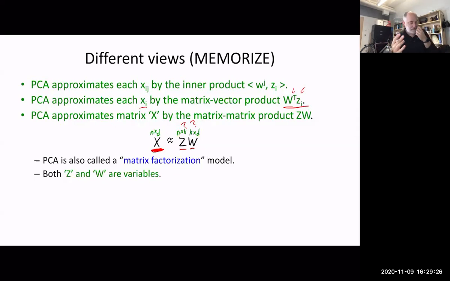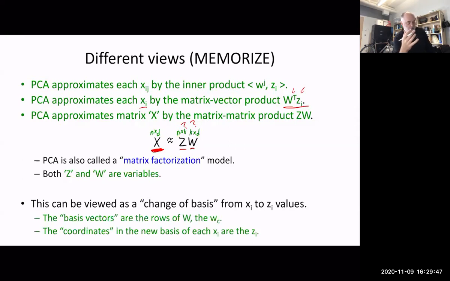Who knows what the Zs and Ws will be. PCA is going to be a particular mathematical choice of which of the possible ZW decompositions of X is the one that we're interested in. Okay.